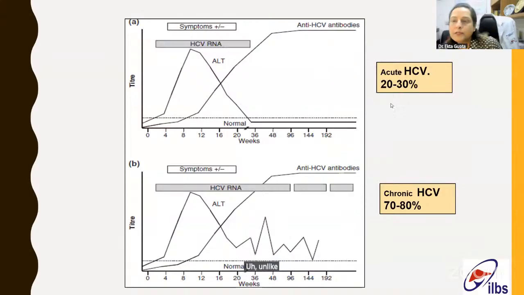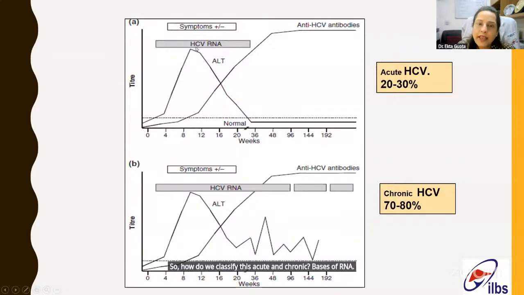Unlike hepatitis B, the antibody to HCV, once formed, remains lifelong. So how do we classify it as acute and chronic? On the basis of RNA, the HCV replicating RNA. In 20 to 30% of patients, the infection can resolve naturally. So antibody keeps on occurring, but RNA is negative.